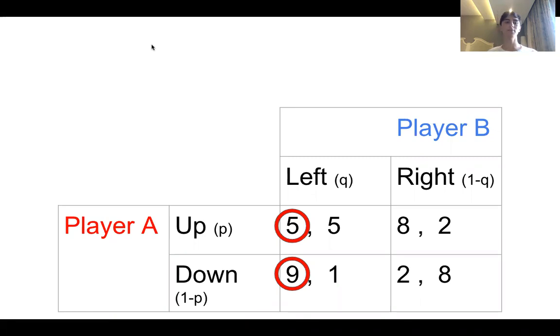Q times 1 minus P, or QP? Remember, the payoffs are 5 if player A goes up and 9 if player A goes down, when we assume that player B is necessarily going to go left. So you want to incorporate that into your answer.